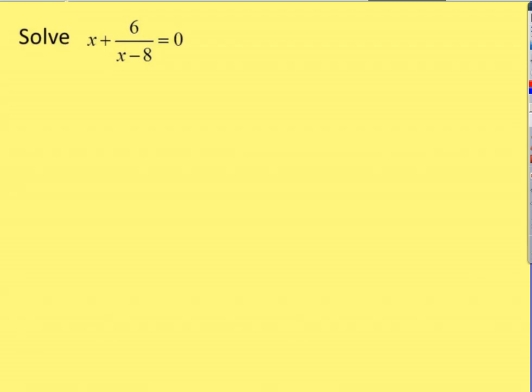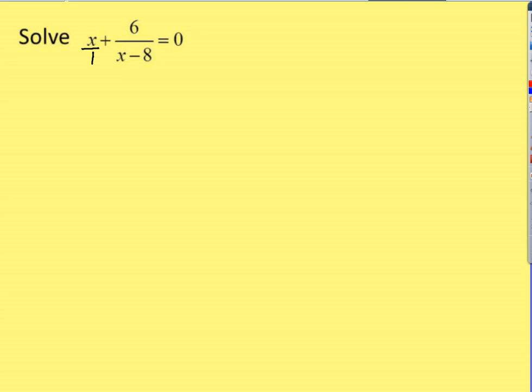So if we take a look at this first example, we can rewrite this as x over 1. Now we need to find our least common denominator. We have a denominator of 1 for our first fraction and a denominator of x minus 8 for our second one.